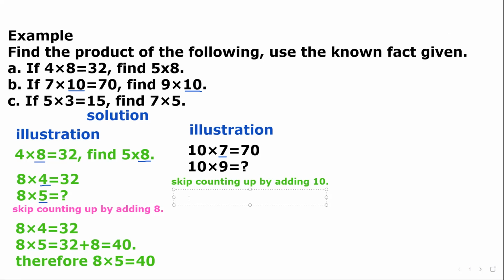We have the 10 times 7. That is the known fact. So always you must start with the known fact. That is why the question says use the known facts given to find the unknown facts. And that is 70. The next one, always you must start with the multiplier, because you have realized that we have only one multiplier here, which is the 10. So always you start with the 10 times.